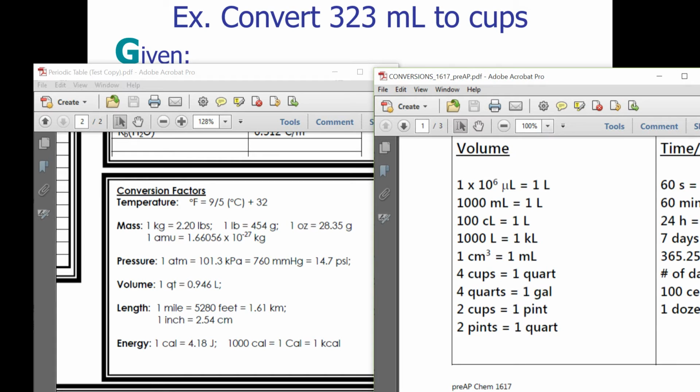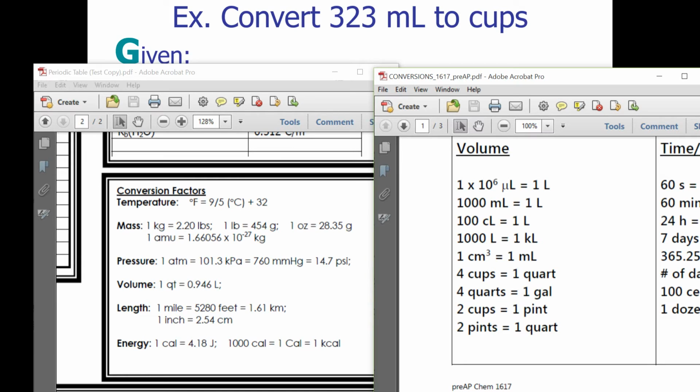Since this takes me from milliliters to liters, I want to see how liters may take me to a USCS unit. As I'm looking at the back of the periodic table, I see another conversion that will take me from liters to quarts. And I know just from common knowledge, quarts can also be converted to cups.